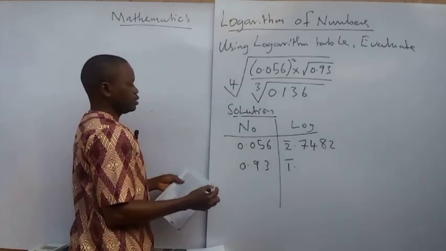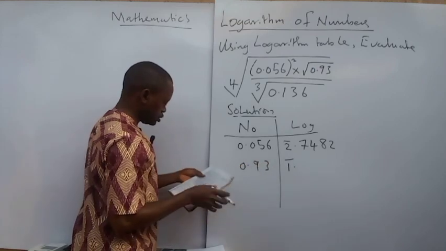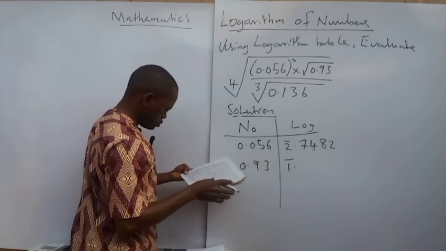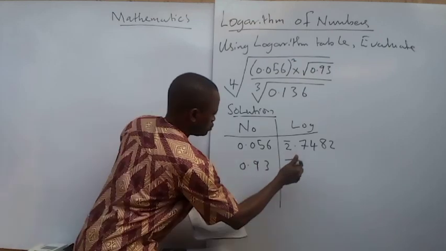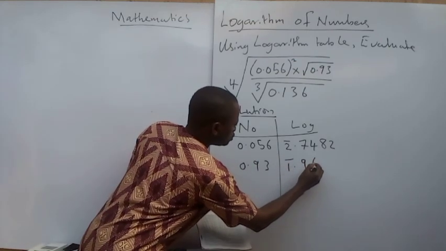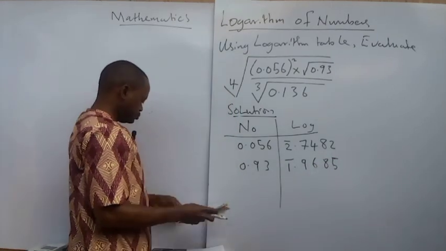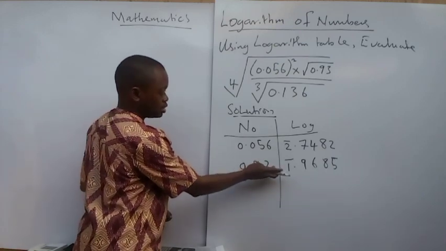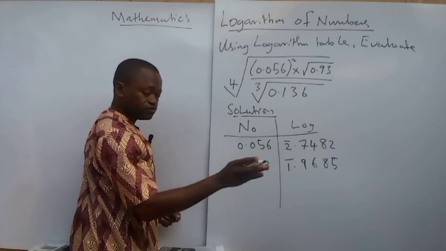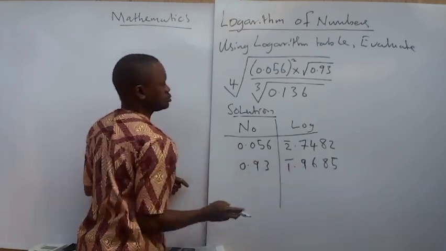What about 93 under 0? There's no other digit there. 93 under 0 is 9685. If there is another digit, I'll follow that same line, go to the difference section, pick the difference, and add it to this.